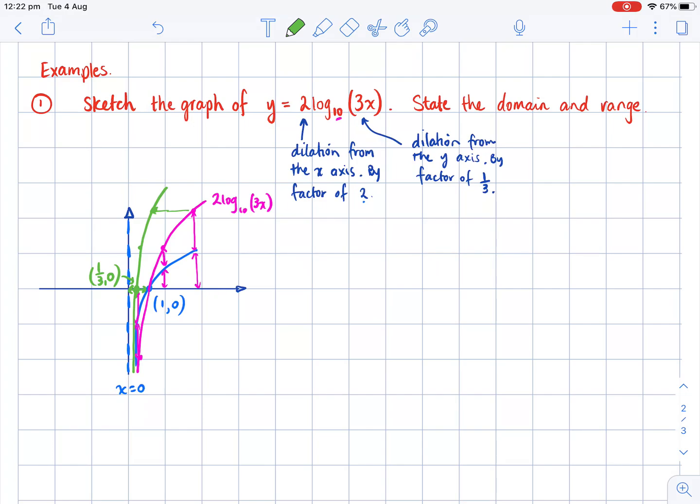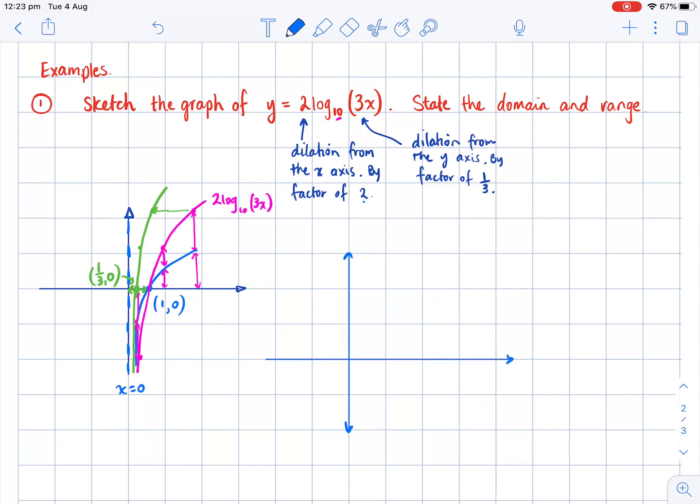Okay, so this is what my new graph's going to look like, and I typically draw some quick sketches to see what's going on, and then I'll do a good copy of my graph. I can see that the dilations don't affect the asymptote at x equals 0, so that doesn't need to change. But I will redraw the graph and get my new function, and I'm just going to tidy this up a little bit.